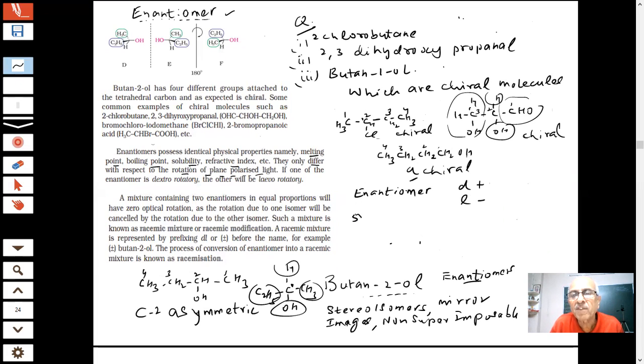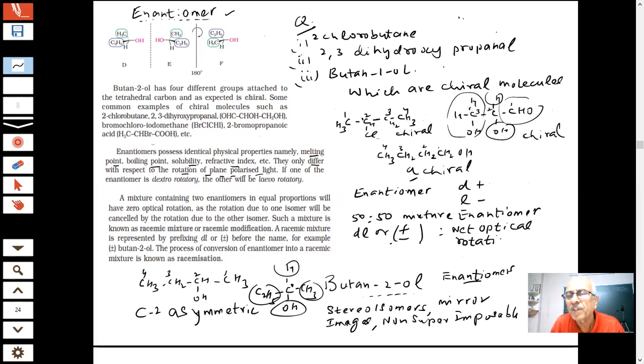If I have a 50-50 mixture of enantiomers, then I can say it is DL or plus-minus. Plus-minus means 50 plus and 50 minus. Then what will be the net optical rotation? 50 plus 50 minus, what will it become? 0.